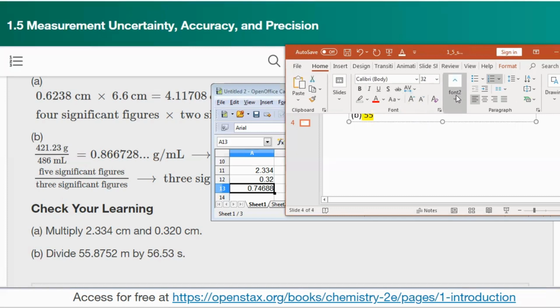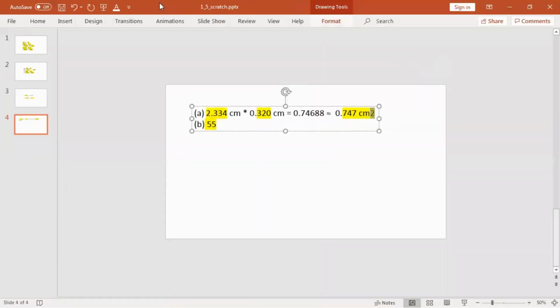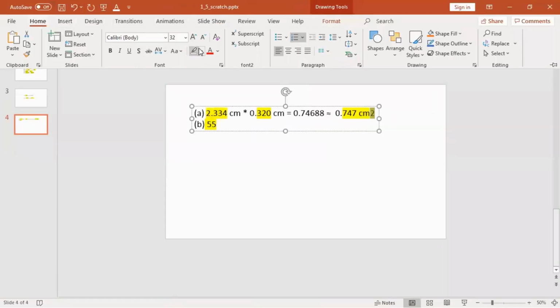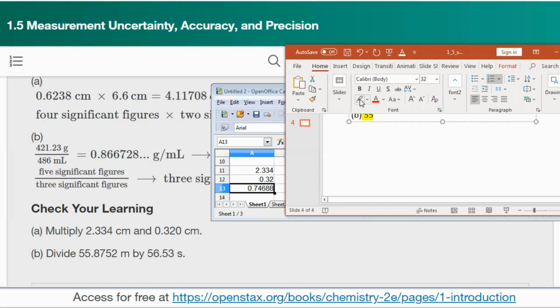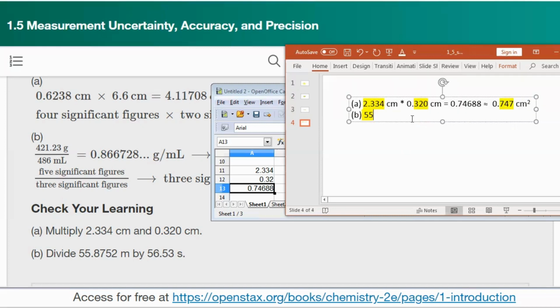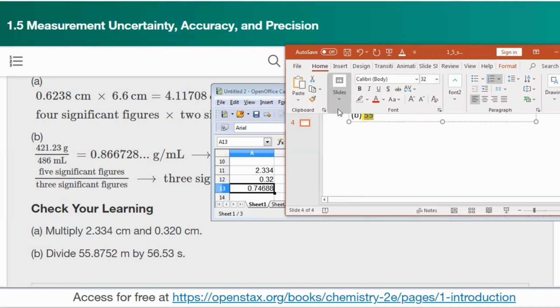Centimeters squared. I have to use the superscript. And I'll turn off the highlighting. I'll turn off the highlighting again. I mean the coloring.